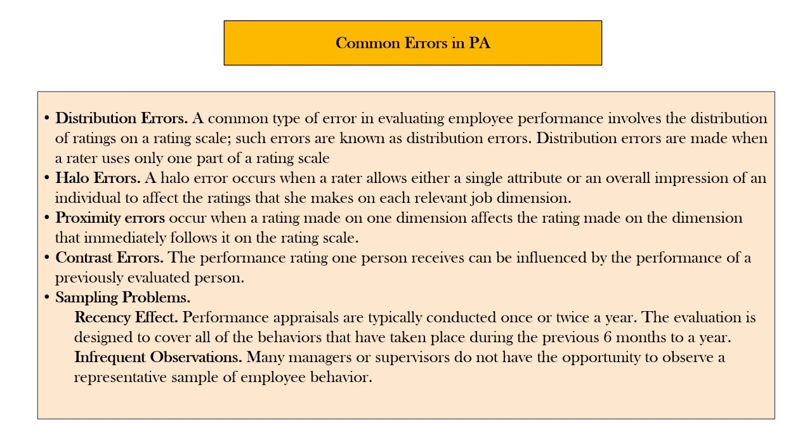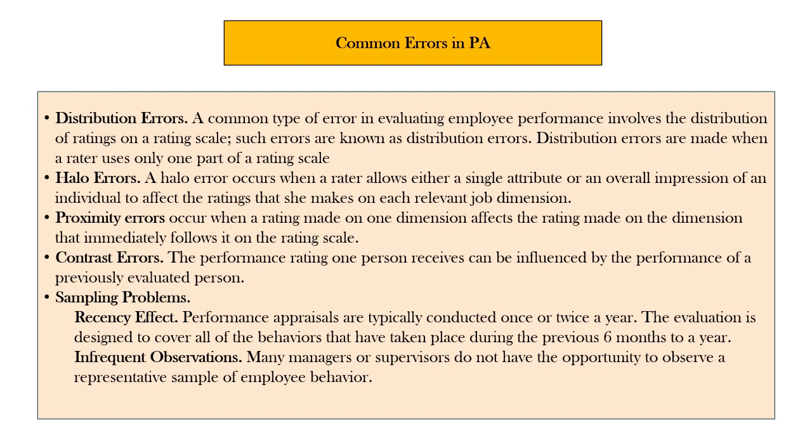Right, so we have also halo error. A halo error occurs when a rater allows either a single attribute or an overall impression of an individual to affect the ratings that she makes on each relevant dimension. We also have proximity errors.